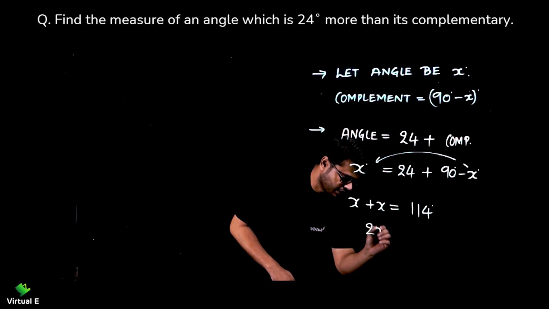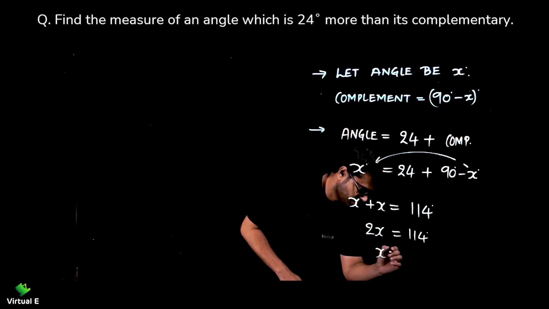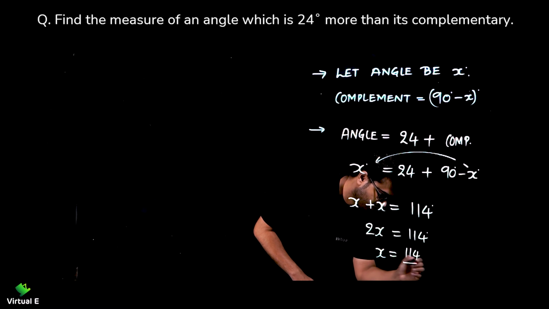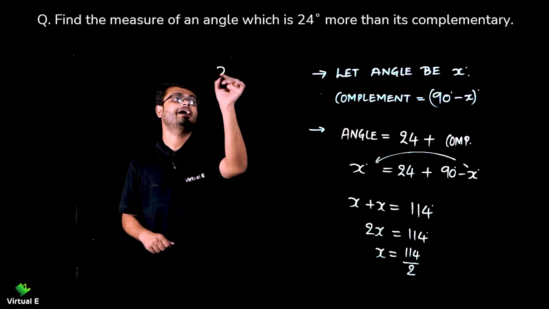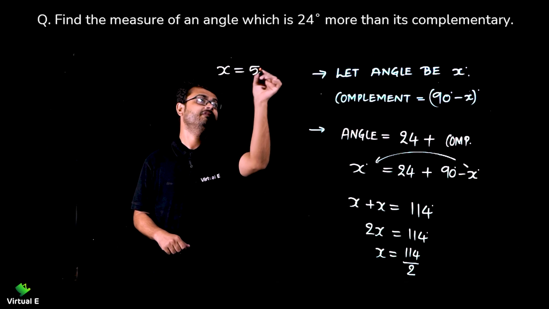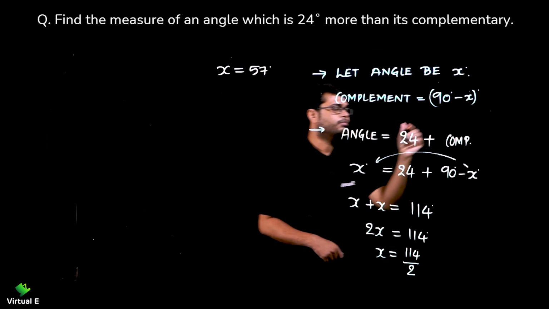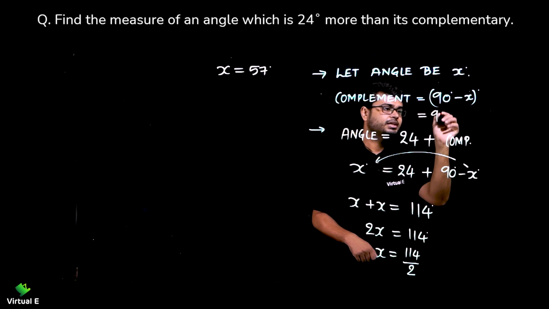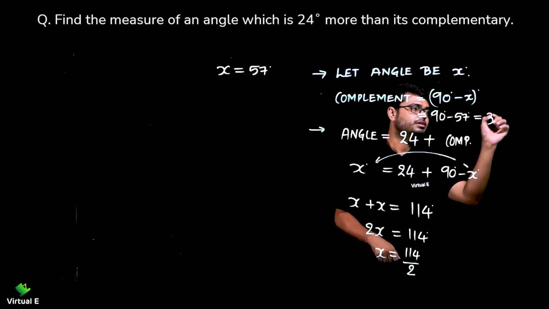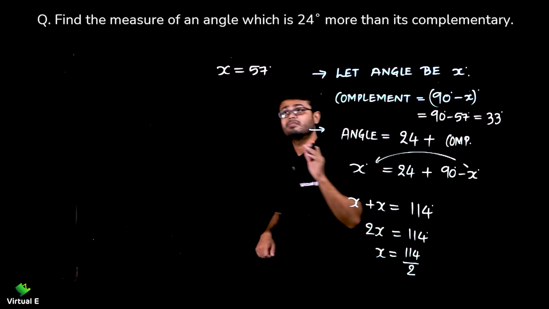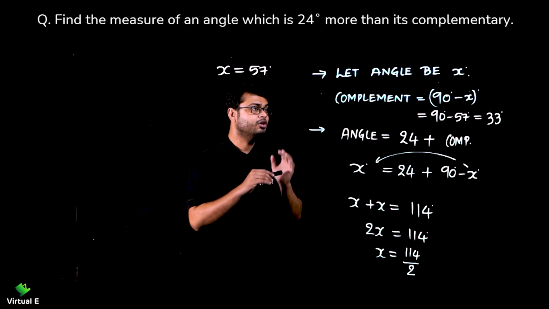So here we can write 2x is equal to 104 degree. So x is equal to what? 104 divided by 2. So the value of x is 57 degree. Simple. And if you want to find the complement of it, that is 90 degree minus 57, that is 33 degree. Very simple, right? So this is the very simple case of the complement angle.